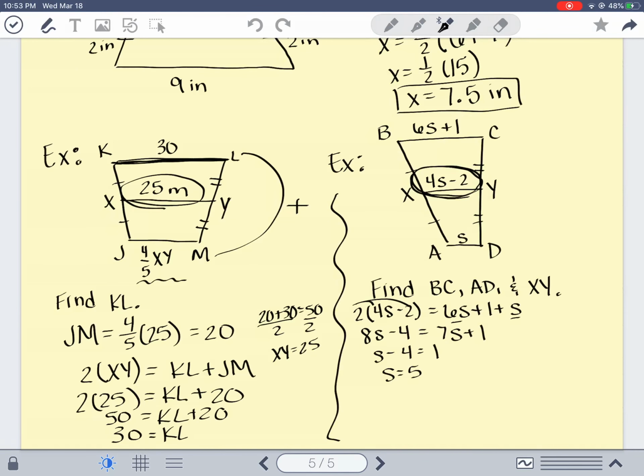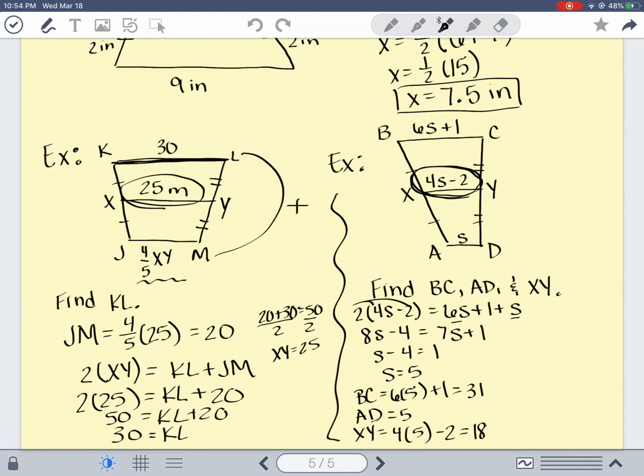So we're going to plug this in and check. For BC, we get 6 times 5 plus 1, which gives us 31. For AD, that's just a nice 5. And then for XY, we have 4 times 5 minus 2. 4 times 5 gives us 20, minus 2 is 18.